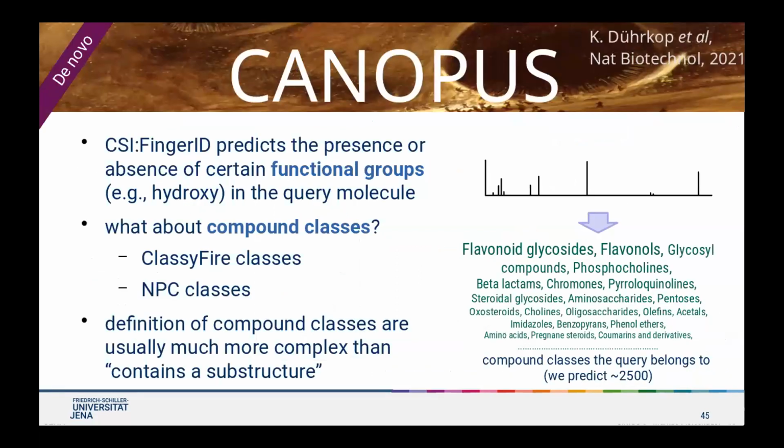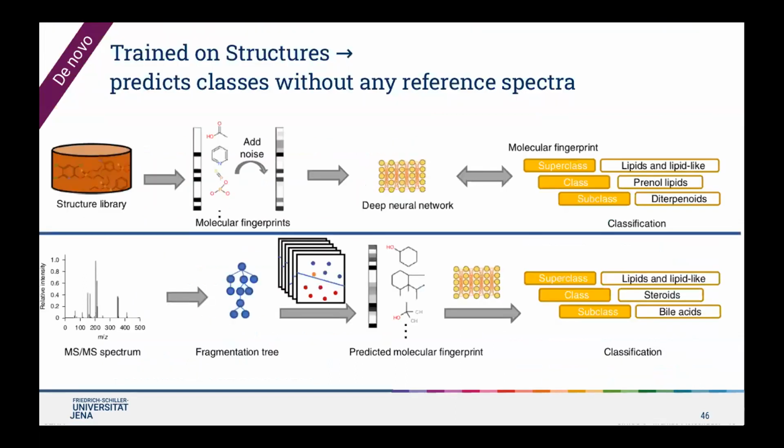A few details on Canopus. It can predict two types of compound classes. It predicts around 2,500 classes from the ClassyFire ontology, and it also predicts the NPC, the Natural Product Classifier classes. Again, this is a machine learning method, a deep neural network.